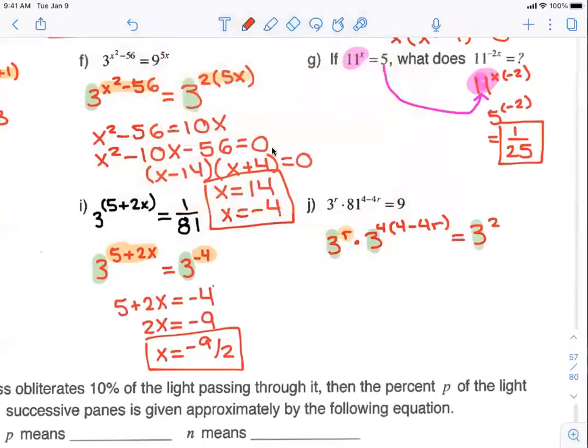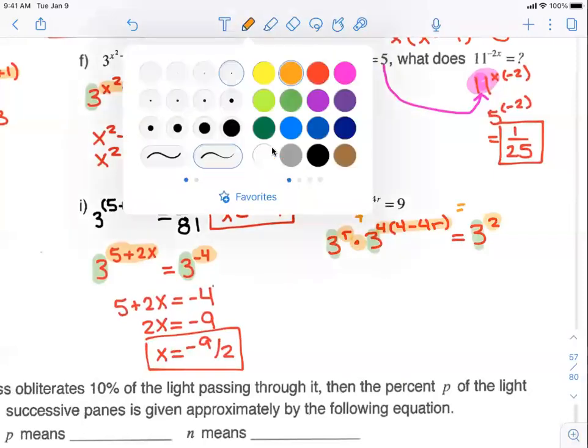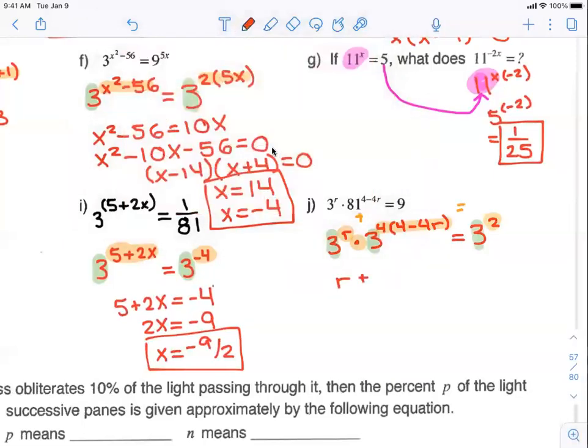We're going to do r plus 4 times 4 minus 4r, and this is going to equal the 2. Because again, we're multiplying here, and multiplying means you're really adding exponents. So we're going to write that as r plus 4 times 4 minus 4r is equal to 2. And then you're just going to solve this like a normal equation. Combine my like terms.